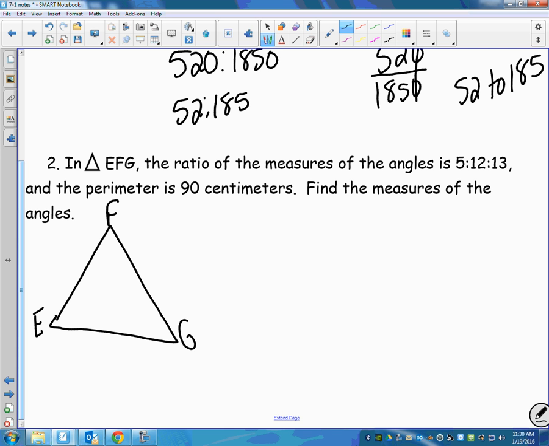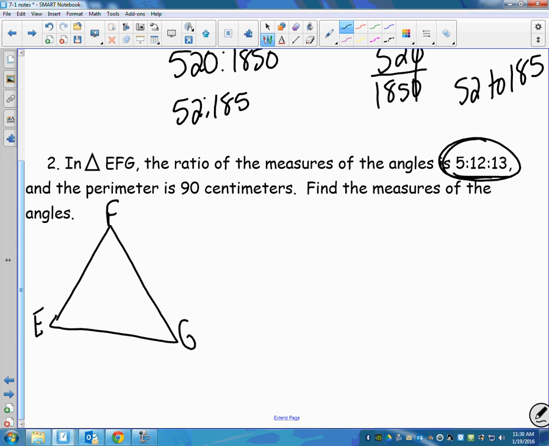Yeah, I think we definitely have to start with the angles. I think we have to separate this out: we need to figure out how this can help us find the angles. Could we do that? So what does that mean, 5 to 12 to 13? Does that mean this is 5 degrees, 12 degrees, and 13 degrees?